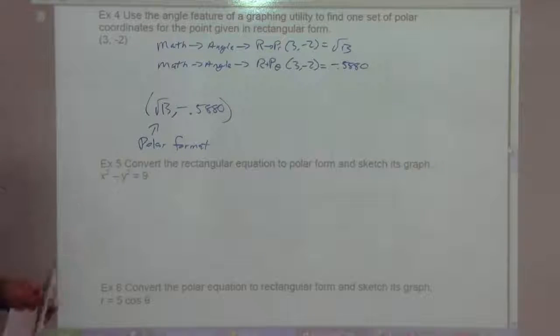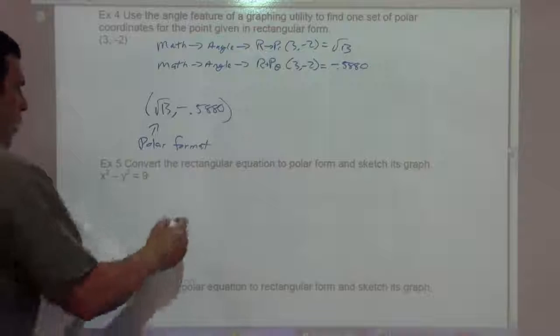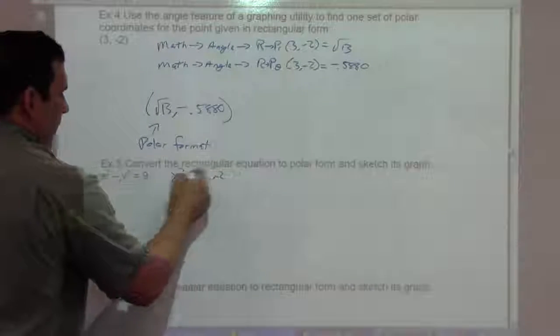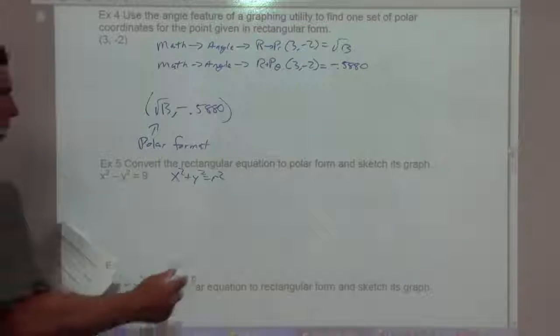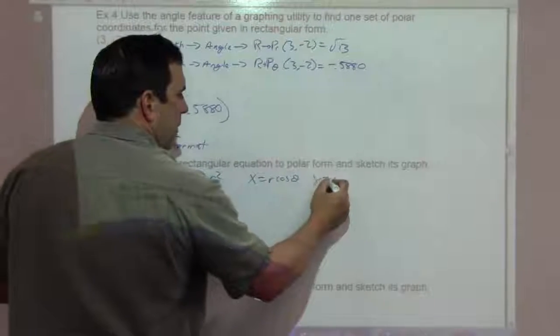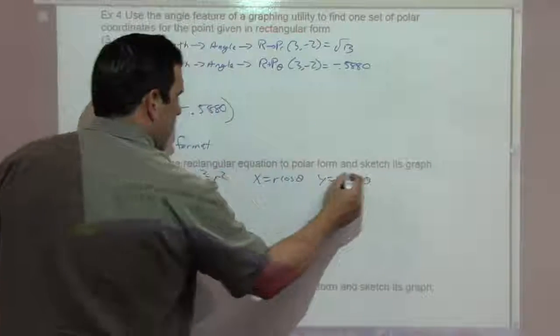Example 5. Convert the rectangular equation to polar form and sketch the graph. Well, just recall that x squared plus y squared is r squared. We don't have the plus, we have a minus here. Also recall that x equals r cosine theta and y equals r sine theta.